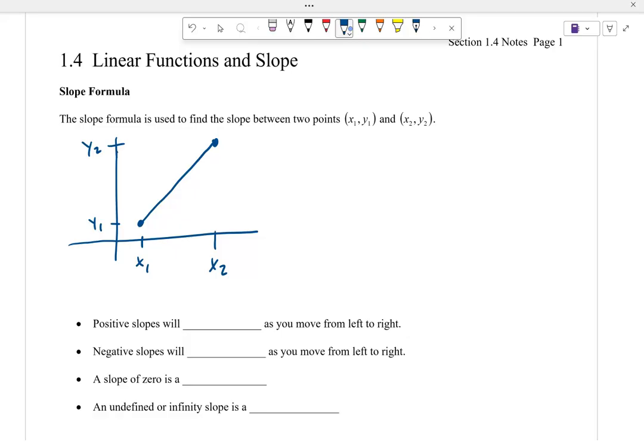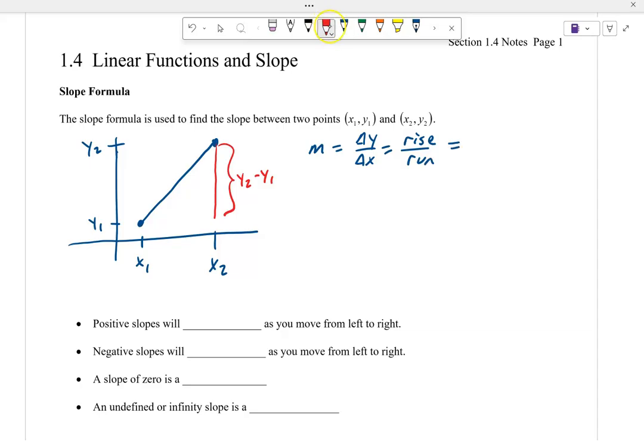In order to measure the steepness, which we call m for slope, we're going to measure the vertical change. So what's this difference right there? The difference in the y's, y2 minus y1, over, I'm going to call this the change in y over change in x. So the rise over the run, the vertical change over the horizontal change.